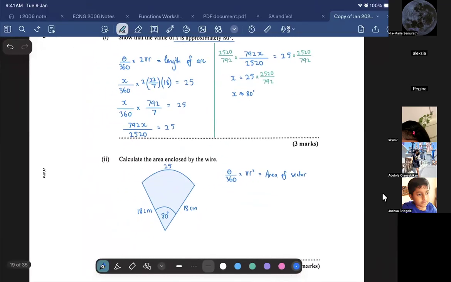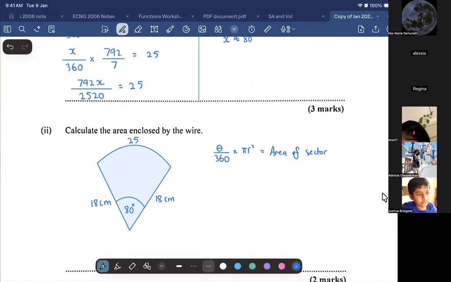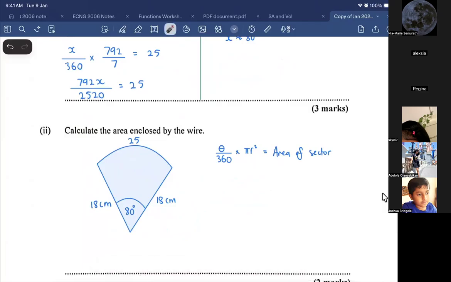So let me just run through this one more time. I hope you could all understand that a sector is just a fraction of a whole circle. So if you find the fraction and you find the area of the whole circle, you just have to find the fraction of the whole area, and you get the area of the sector.